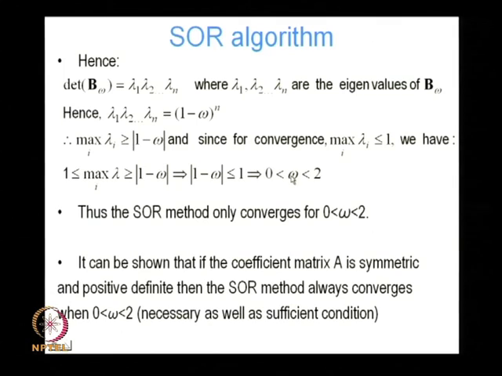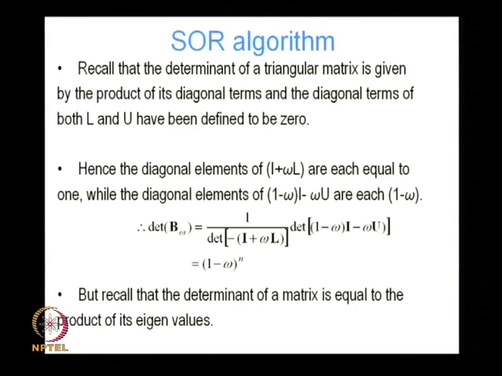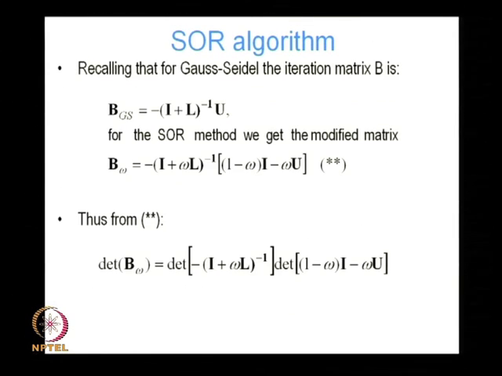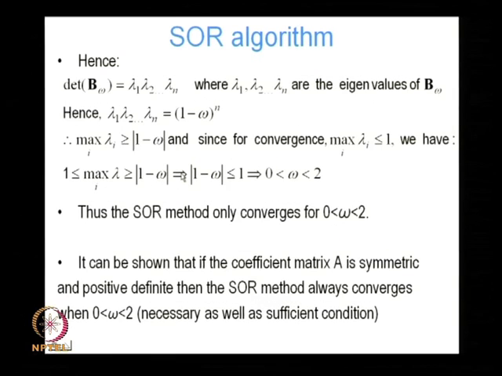Thus, what do we see? That the SOR method, the successive over relaxation method, is only going to converge when omega lies between 0 and 2. So, we cannot choose any arbitrary value of omega and hope that we are going to converge. Only if we choose omega lying between 0 and 2 are we going to get convergence.